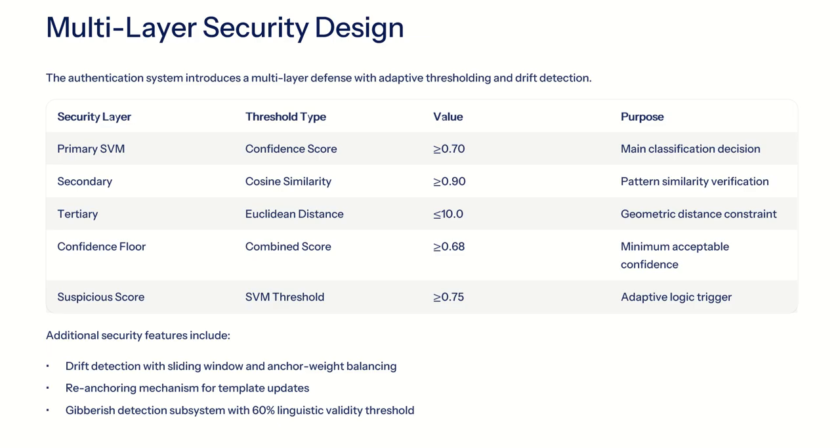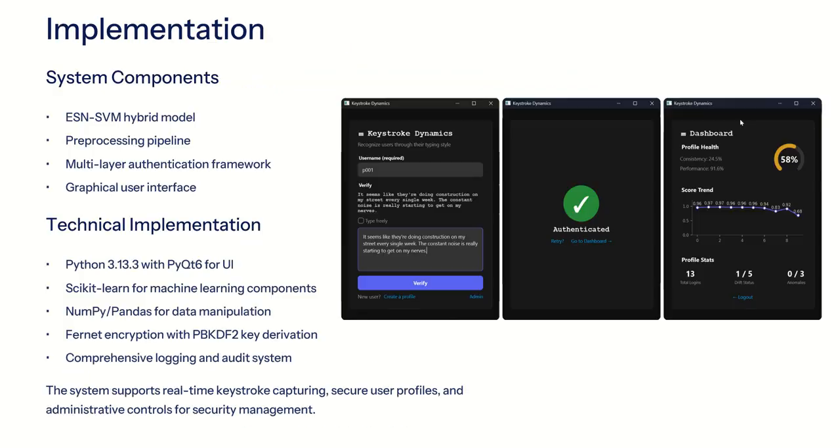If a user falls below this confidence score, then they are rejected. Also, the SVM threshold, which is for the suspicious score. It also has drift detection with a gibberish detection system.